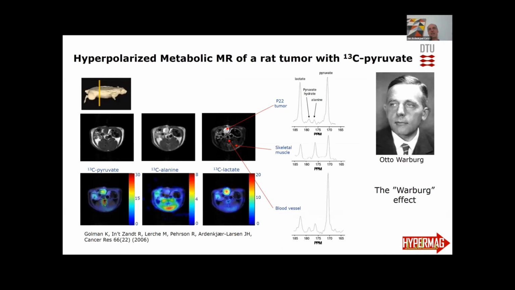You can see here an example in a tumor model where a rat has a tumor inoculated on the stomach. You see the metabolic images on the lower left as pyruvate has been injected. There's a high uptake of pyruvate into the tumor, and there's a lactate hotspot because a lot of the pyruvate has been reduced to lactate.